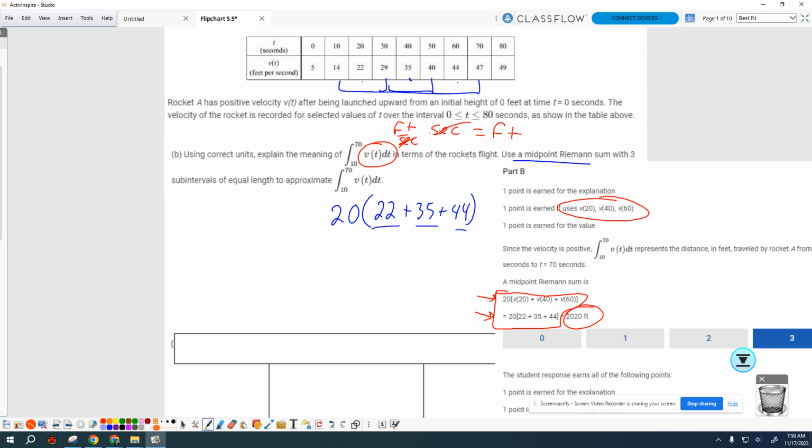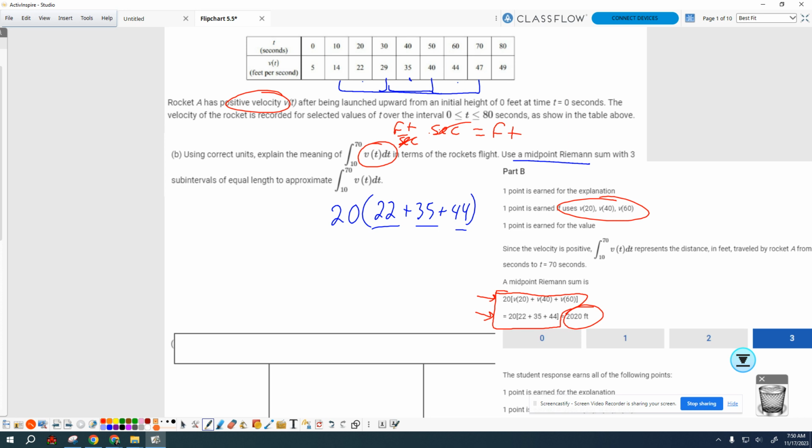So interpreted in context of this problem, this one has something special to it that they're overlooking, but they're like, oh, velocity's always positive, so it's forever going up, so it's the amount of distance that it's traveled in 10 to 70 seconds. So there's one small thing we're doing today, which instead of rectangles, we're gonna do areas of trapezoids, okay.